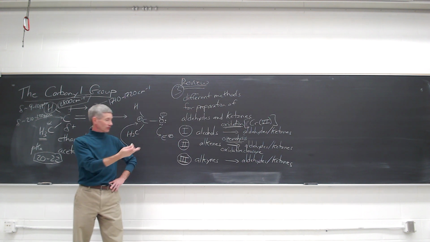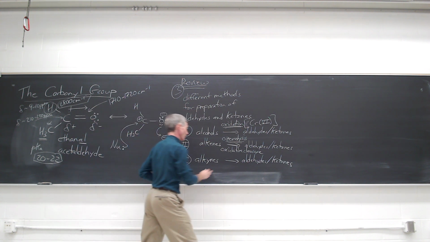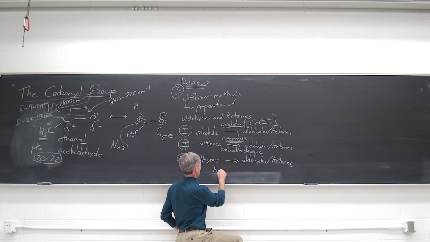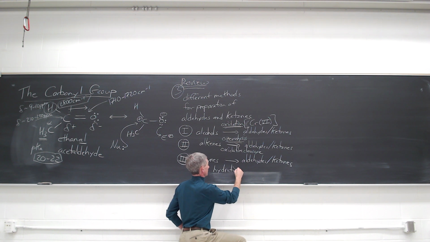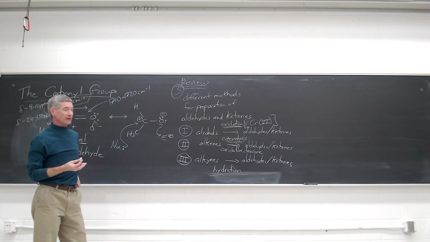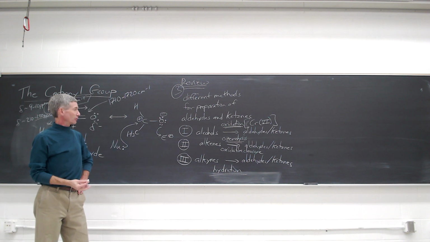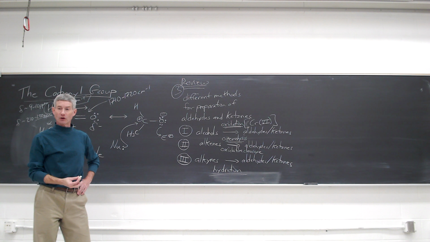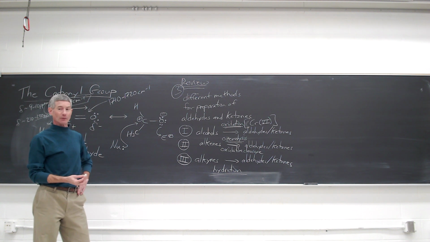And then alkynes can be converted to aldehydes or ketones by hydration. And that hydration can occur with either Markovnikov regiochemistry, which would lead to a ketone product, or anti-Markovnikov regiochemistry, which would lead to the aldehyde product.